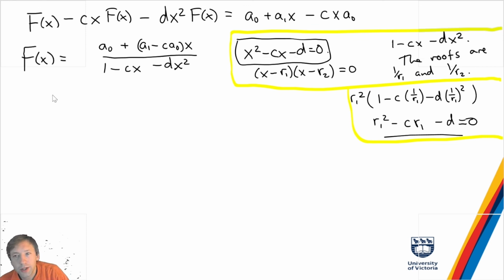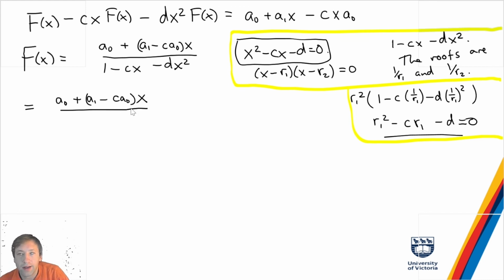So I can factor this, and I can write the bottom of this fraction as x minus 1 over r1 times x minus 1 over r2. Or maybe I want to write this the other way around, which I can do, of course.